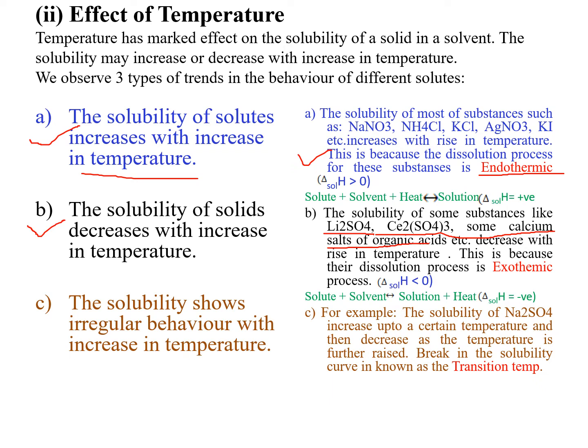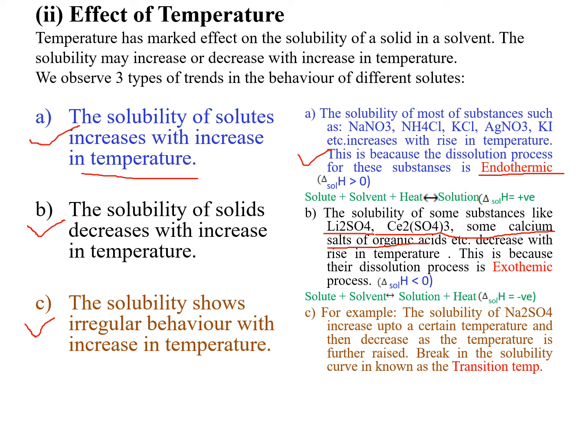Now come to the third point. What is the third point? The solubility shows irregular behavior with temperature. There are many other substances which show irregular behavior with increase in temperature.